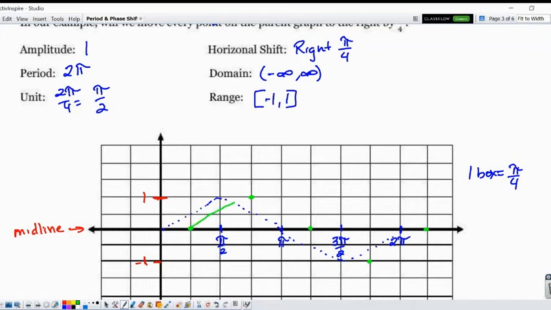And here is the new sine curve. You can see it's that exact same shape. It's just been shifted to the right literally by 1 unit, and that is our phase shift. And of course, if we kept going, our graph would extend to the left and would keep going up to the right. But there is one cycle of our shifted graph.